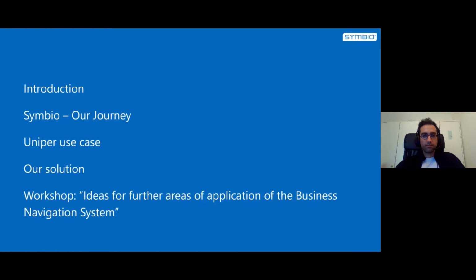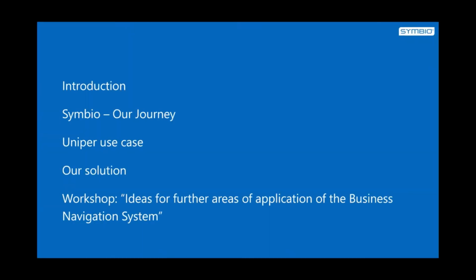And what I'd like to do is give you a short introduction into the topic, recap something of our Symbio journey, and then we jump directly into the Uniper use case, because I think that's the interesting point at the moment. And of course, we're not only showing you the use case, we show you the solution as well.